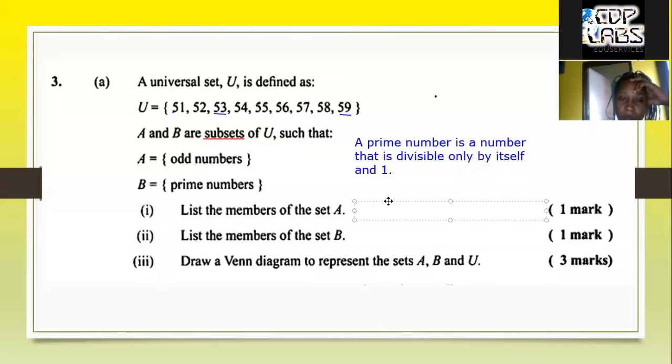List the members of set A. How should I write the answer? When you're listing elements in a set, what's the first thing you need to do? That was lesson number 1.